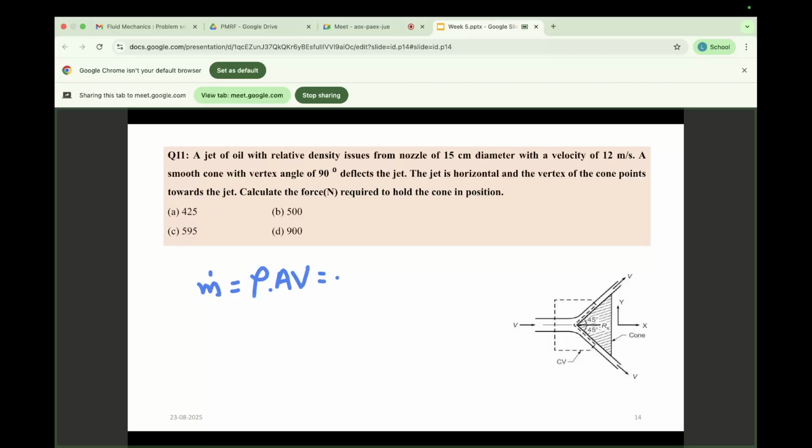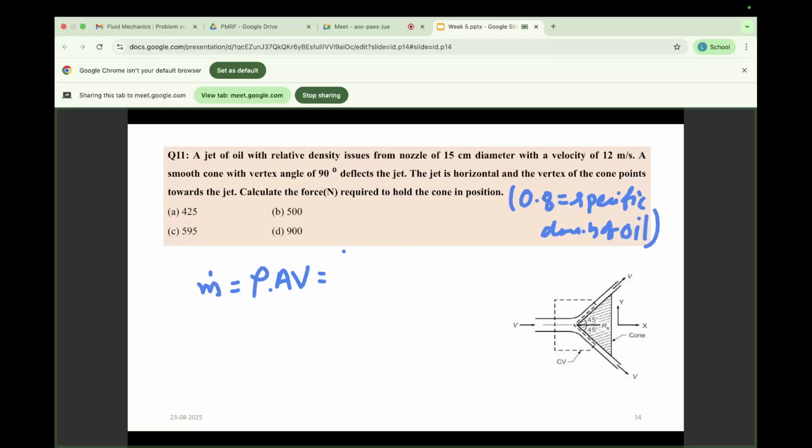So density, do I know this density or not? In this question, are any details given? Nothing is given, but oil is given, so it should be given. Generally, the specific density of oil is 0.8.